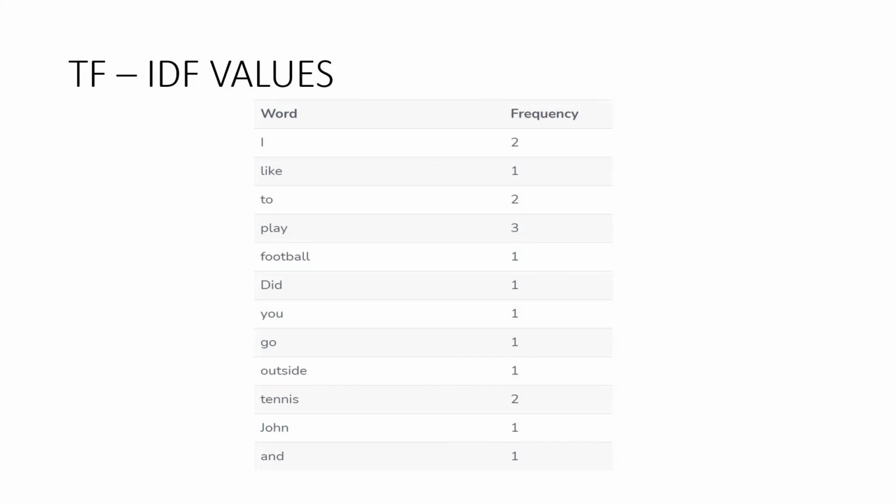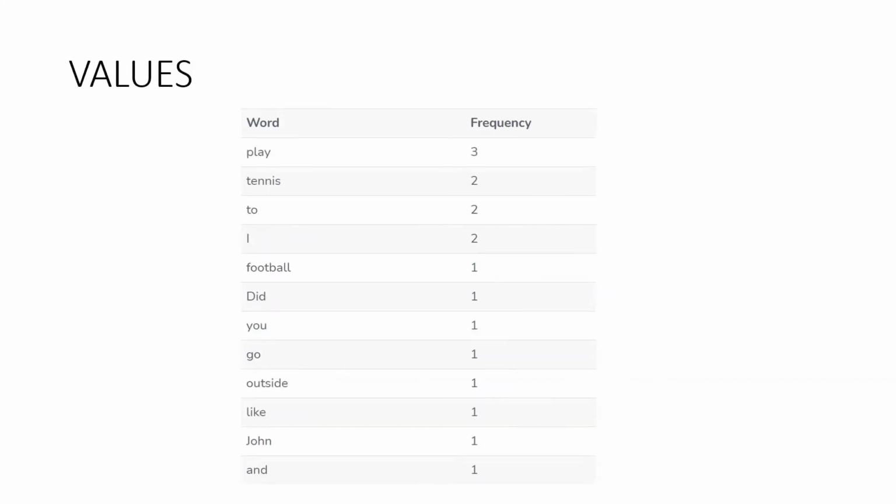So let's sort the dictionary in descending order of the frequency. Again, it's shown here. Now we will filter the 8 most frequently occurring words.